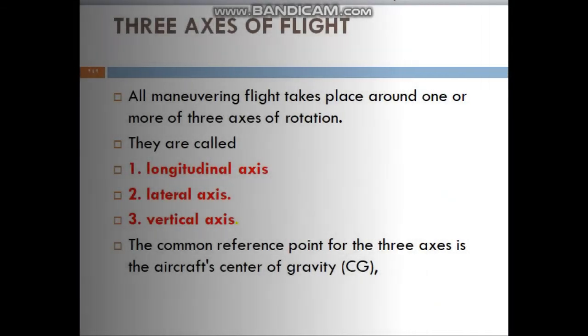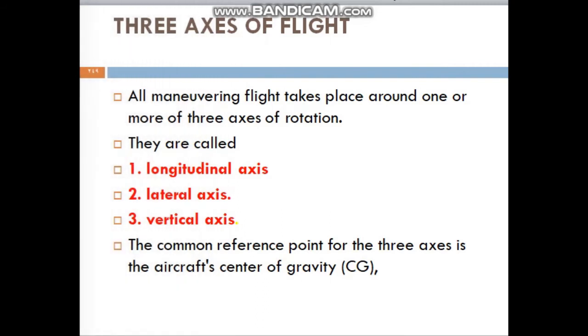Now we will talk about the three axes of flight. All maneuvering flight takes place around one or more of three axes of rotation. They are called the longitudinal axis, the lateral axis, and the last one, the vertical axis.